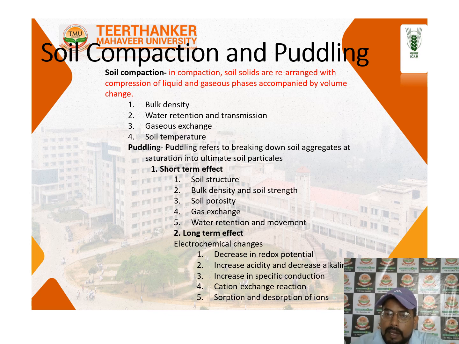Second is puddling. Puddling is breaking down the soil aggregates and saturating them into ultimate soil particles, which has different effects on the soil. It destroys the soil structure, bulk density increases, soil porosity breaks down, and gases are reduced under these conditions.